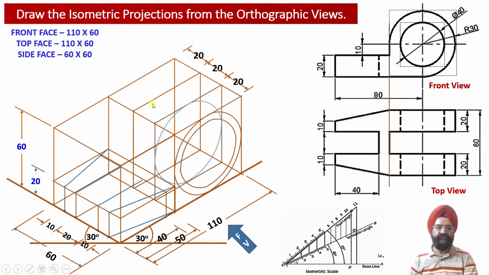Now the third surface, this vertical surface, is again of dimension 60 by 60 square. Here we need to obtain both the outer and inner circular projections.